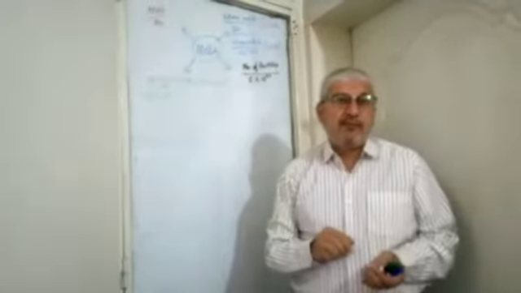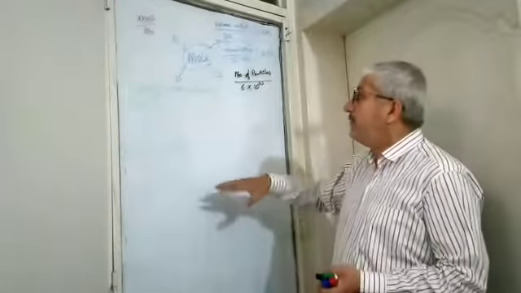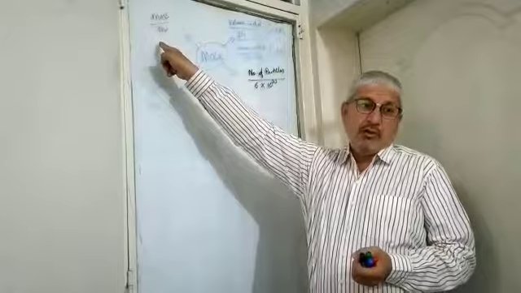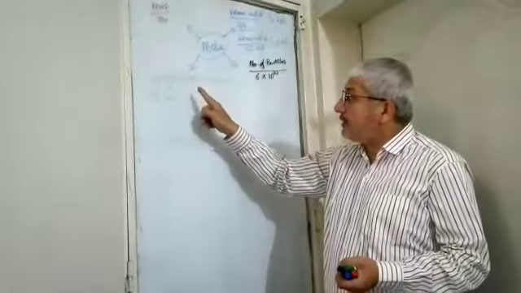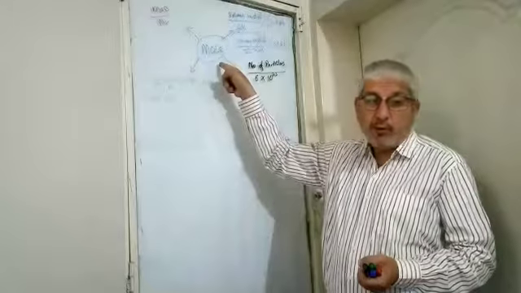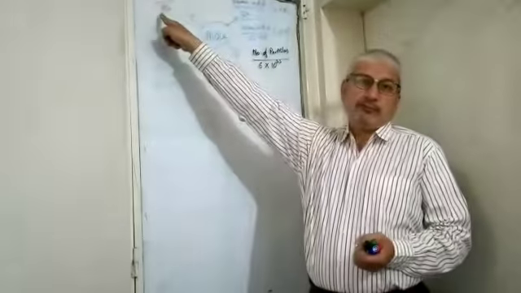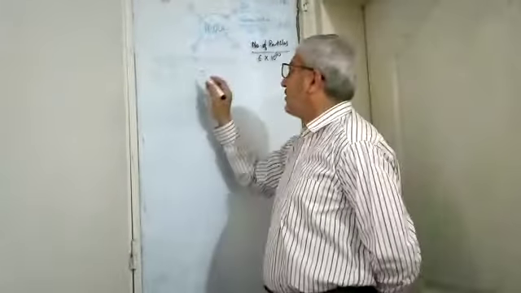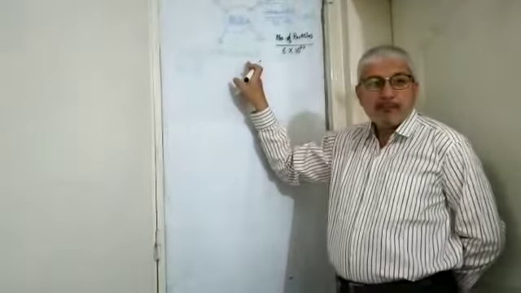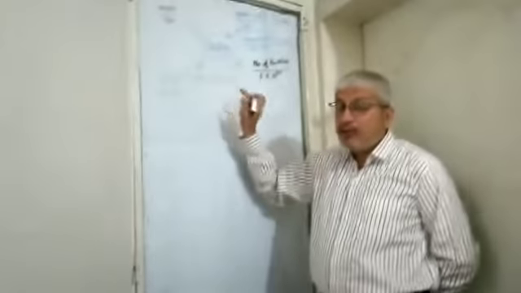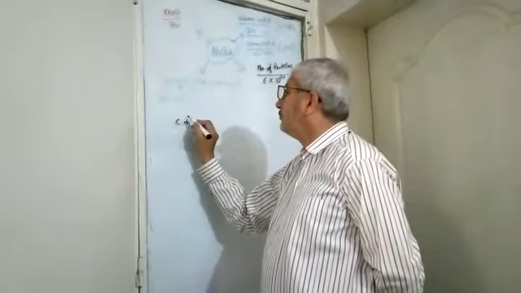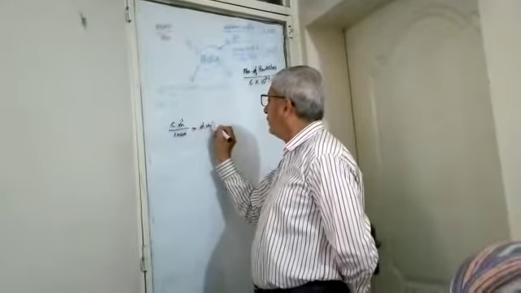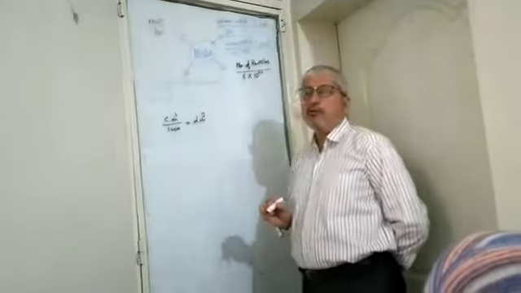But sometimes the questions come like they will give you the concentration and ask the mass. So first you have to convert this concentration into mole, and then from mole to mass. Now how will you do it? From concentration they will give you the volume. If the volume is in cm cube, divide it by 1000 and it will be dm cube.